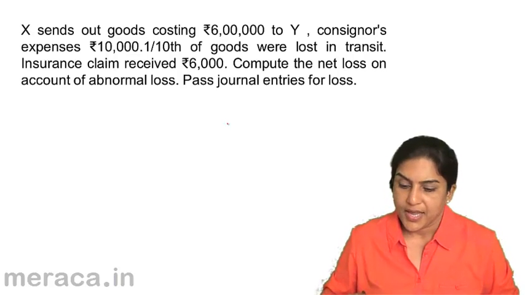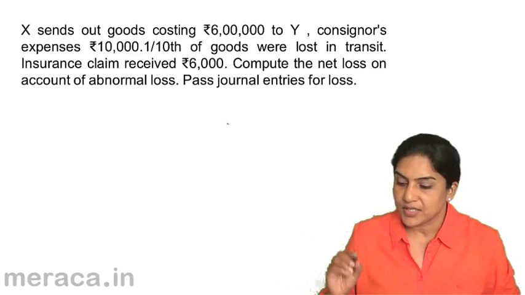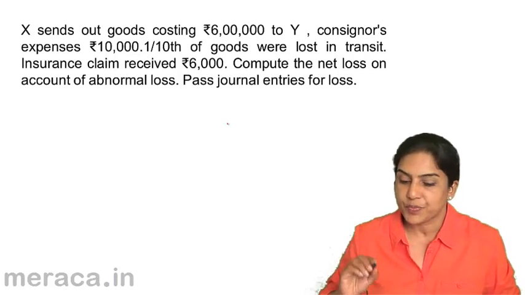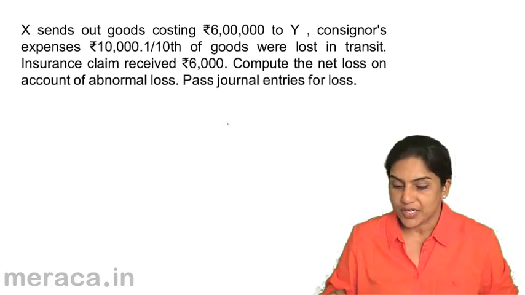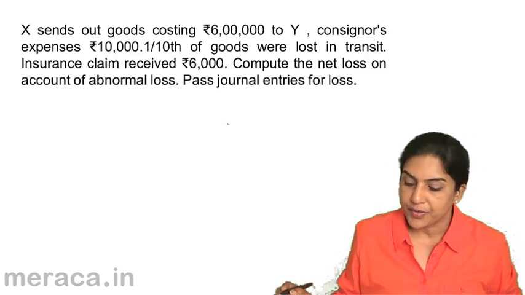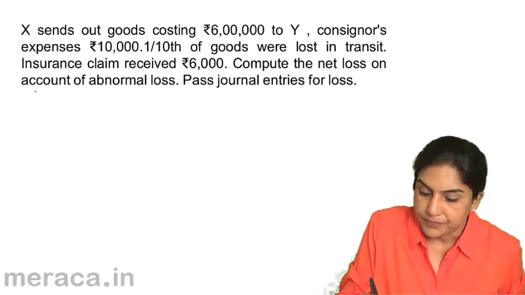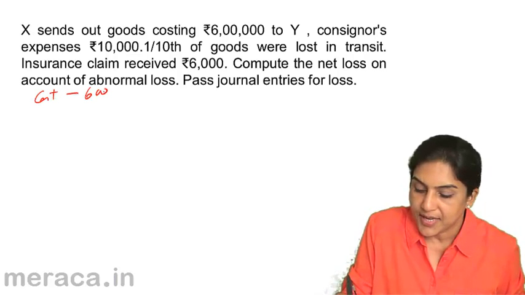So let us see. X sends out goods, cost is 6 lakh. Consignor expenses are 10,000. 1/10 of the goods are lost in transit. So what is our total loss? Cost of goods is 6 lakh.